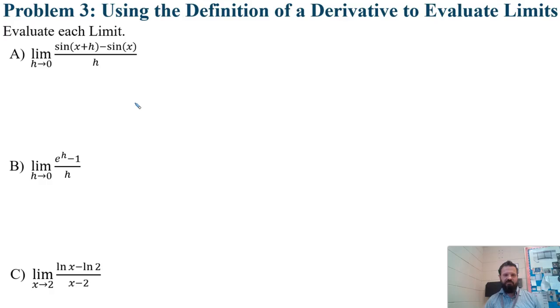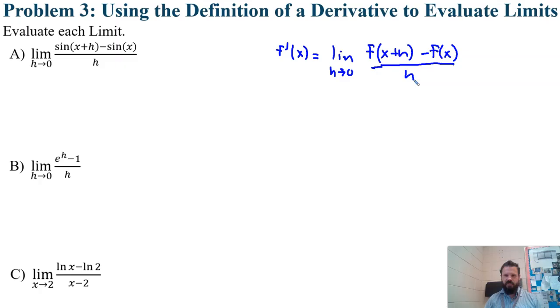This could be a very long and tricky problem, but the trick here is recognizing that this is just my definition of a derivative, which was f prime of x is equal to the limit as h goes towards 0 of f of x plus h minus f of x all divided by h. That's the form we have here.